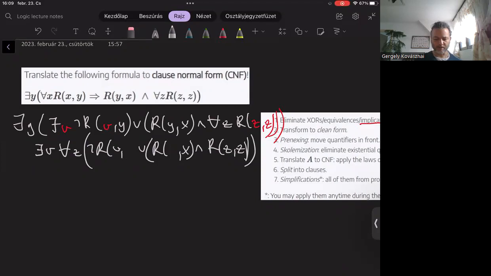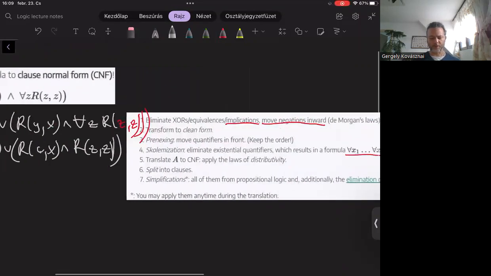Let it be c. And then let's remove the other existential quantifier, exists v. This is also located at the very beginning of the formula, so we can substitute v with another Skolem constant, for instance, d. Okay, step four is done.